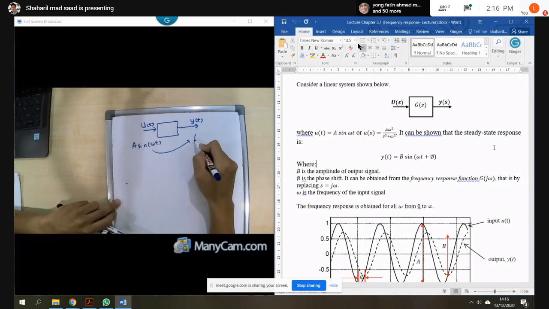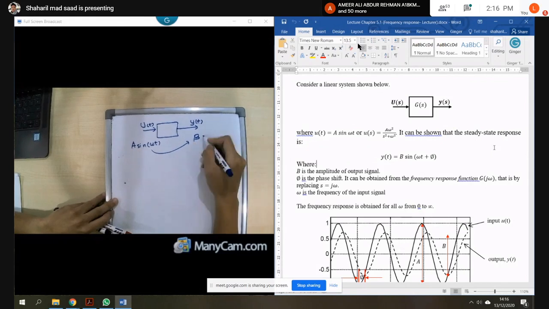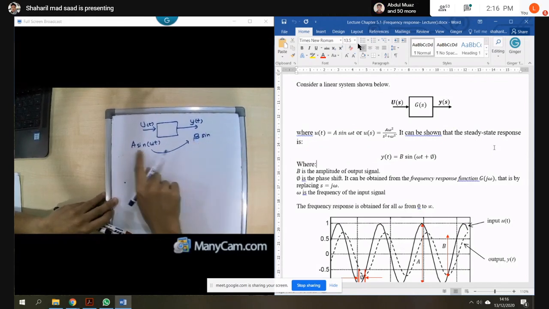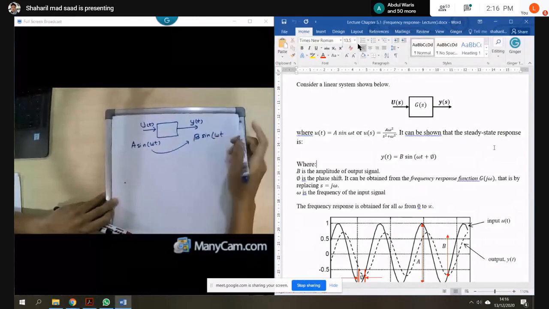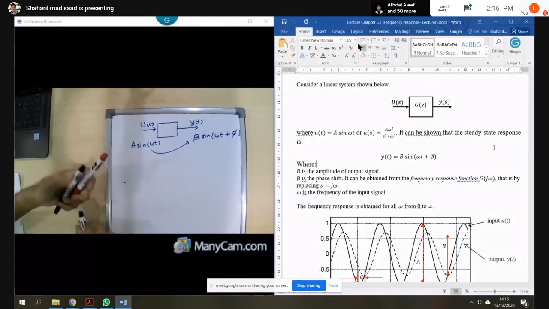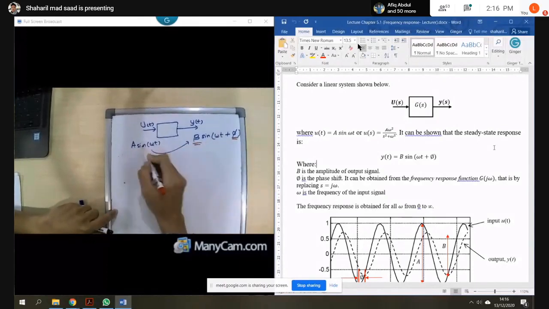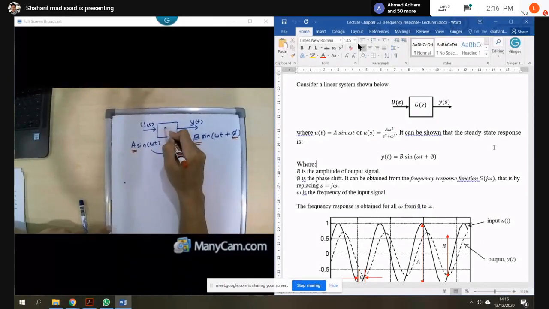For the output, you will get a different amplitude. So this is the amplitude A, and this is the amplitude B, and you will get the same kind of signal, sine and sine, with the same frequency, but with an added phase shift. So this is the concept of frequency analysis. This is the input, and this is your G.